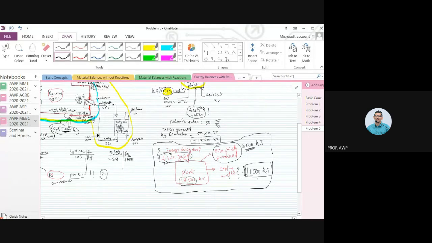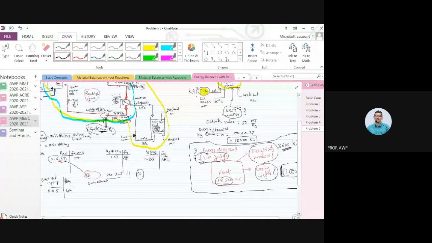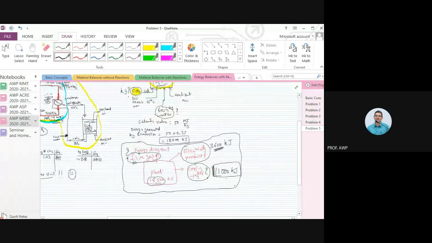So if you want to improve the energy efficiency of this power plant, we have to not use as much cooling water, and therefore what Arya was saying earlier, that we should not waste this cooling water but use it to preheat the methane and preheat the air, so that the energy wasted with the cooling water would be less and we would use less methane. Arya, do you agree? Yes, sir. Your original suggestion was very good.